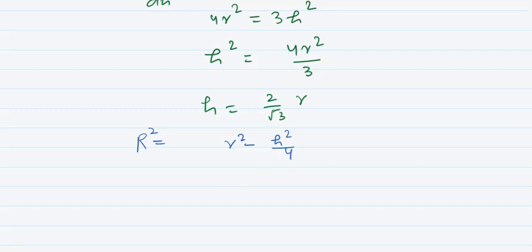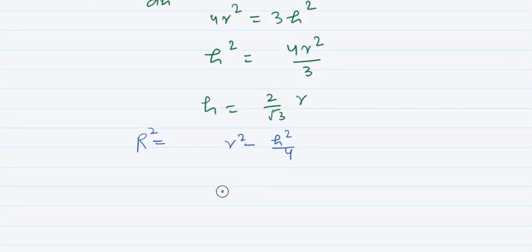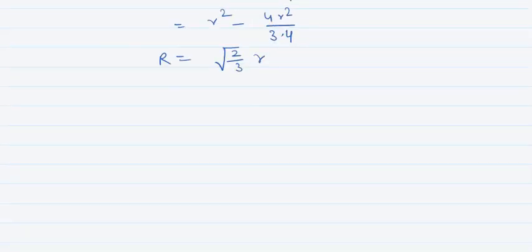Using this relation, let us name it relation number 2, and putting the value of h over here, we are getting r square minus 4r square upon 3 into 4. On calculations, you will get the value of R as square root of 2 upon 3 into r.